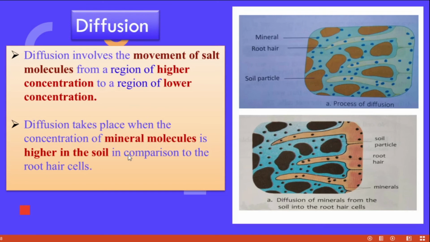Diffusion takes place when the concentration of mineral molecules is higher in the soil compared to the root hair cells. It is rare, but sometimes the concentration of minerals is higher in the soil. During that time, the plant absorbs minerals by the process of diffusion.